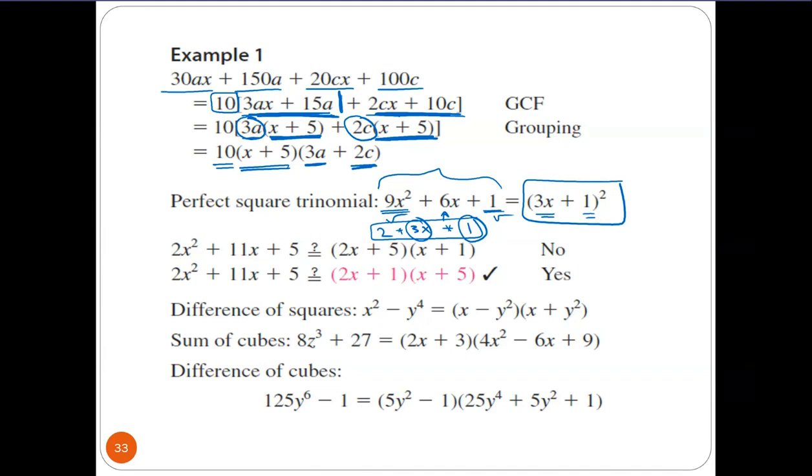Look at this, doing the trial and error. We have 2x squared plus 11x plus 5. We cannot take a common factor, not a number and not a variable.